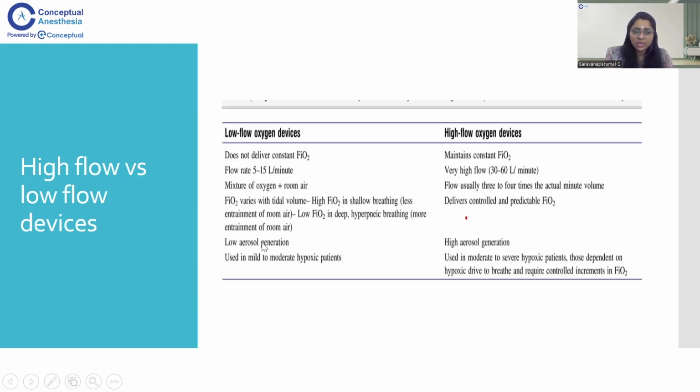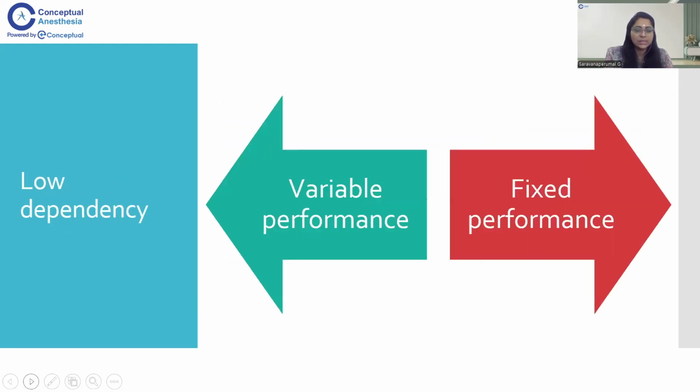There is low aerosol generation in low flow devices and high aerosol generation in high flow devices. So these low flow devices can be used in mild to moderate hypoxemia patients. HFNC can also still be used in severely hypoxemic patients, provided that you monitor the patient clinically as well as using the ROX index.